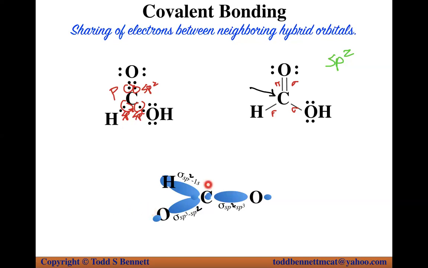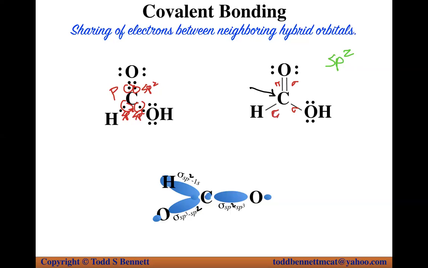As far as this carbon goes, it has a sigma, sigma, sigma, which you've done. Sigma here to the H, check. Sigma here to the O, check. And sigma here to that O, check. But we are going to have to make room for a pi bond.